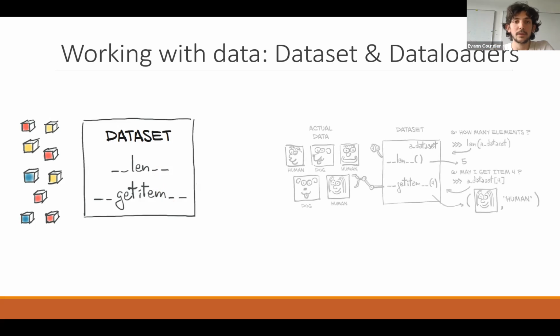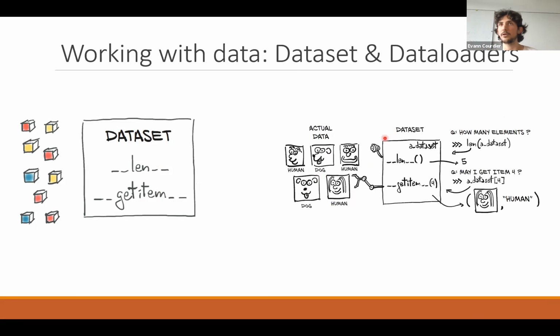So, for example, in practice, you could have a data set with 5 samples. Then if you call the len function on it, it should return the number of samples in your data set. So here, 5. And then if you ask for the index 4 of the data set with indexing, then it should return the fourth sample in your data set, alongside with the label.